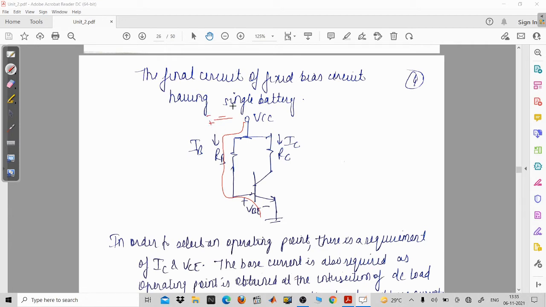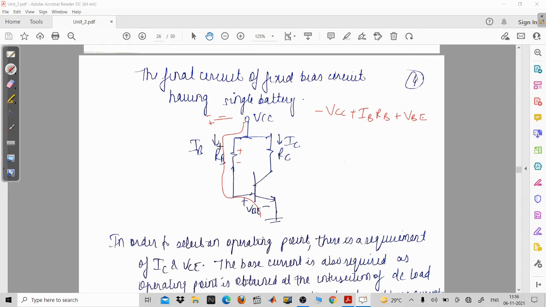If you are going from minus to positive, then minus VCC will be there, then plus IB into RB will be there, and this is plus VBE. Because if the current enters into the resistance, then the positive will come here because the current is entering into that passive element, and then the negative. So we are moving from positive to negative. It means that there is a voltage drop.